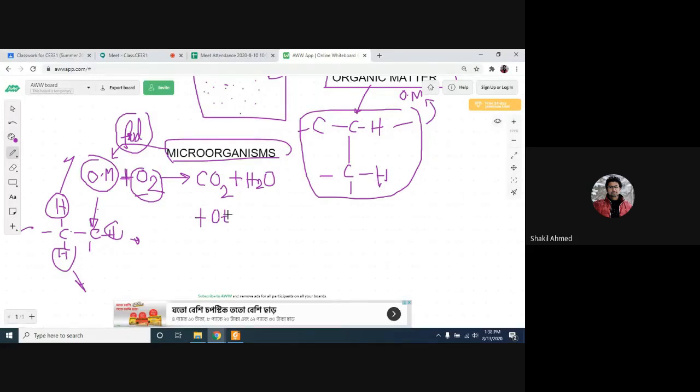So we call it other compounds plus new cell. New cell means what? New cell means these microorganisms eat them as a food, and they produce more microorganisms that we are calling new cell. Plus, they get energy from here, right?